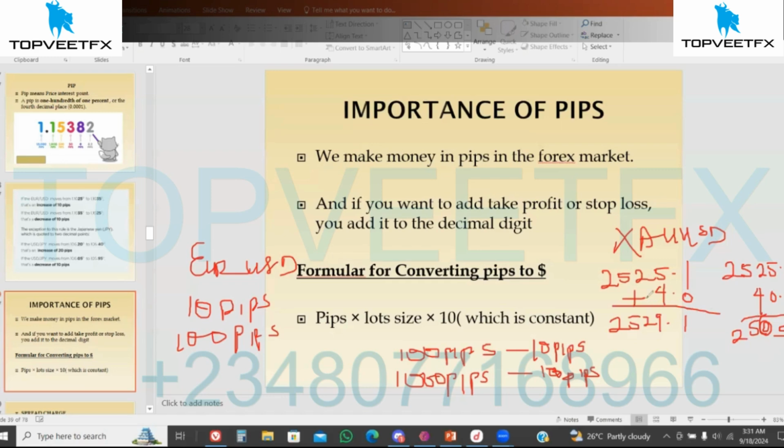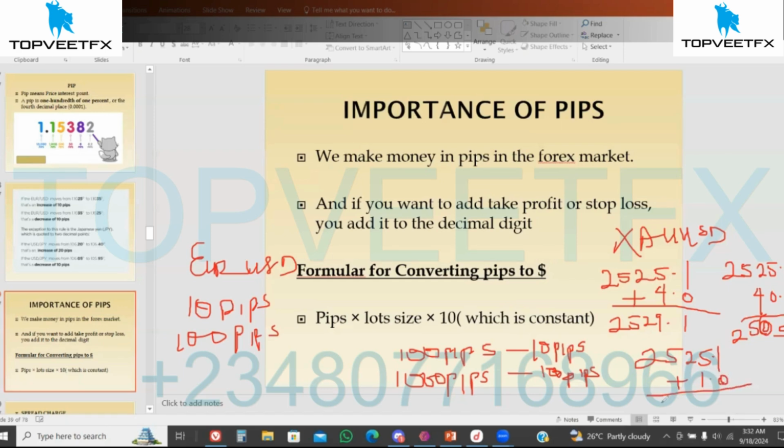They have different ways of adding it, but I make it simple for every one of us. If you want to add, let's say, 100 pips, which is 10 pips, that you want to set as your stop loss on gold, all you need to do is 2525.1 plus 10, which is 1.0.